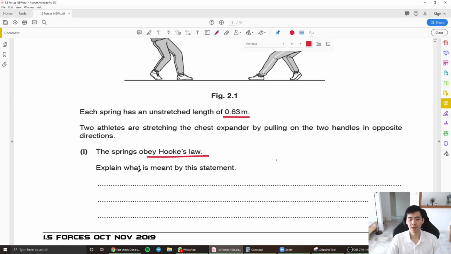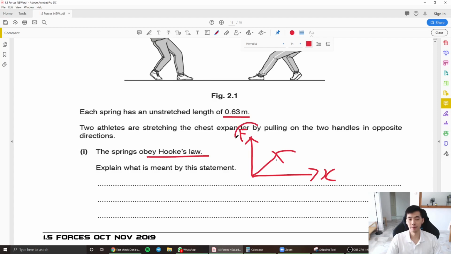Basically, when they ask these kinds of questions, you actually have to describe what Hooke's law is. First and foremost, in order to describe Hooke's law, you always remember how the graph looks like. It's supposed to be a force versus extension graph that is directly proportional first. Then after that, it reaches the elastic limit, and then it starts to bend downwards, right? From here, based on the graph, you can explain Hooke's law.